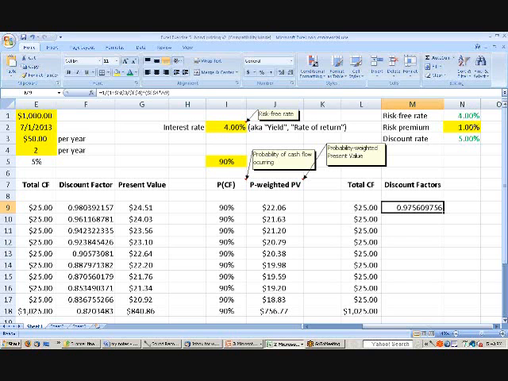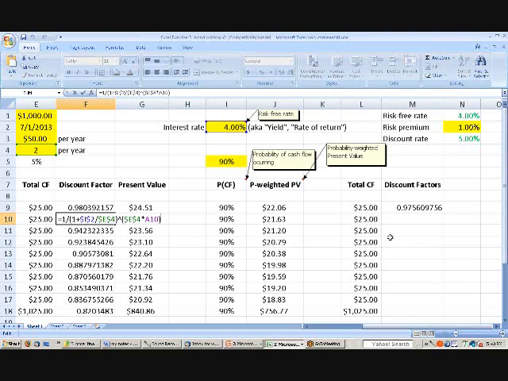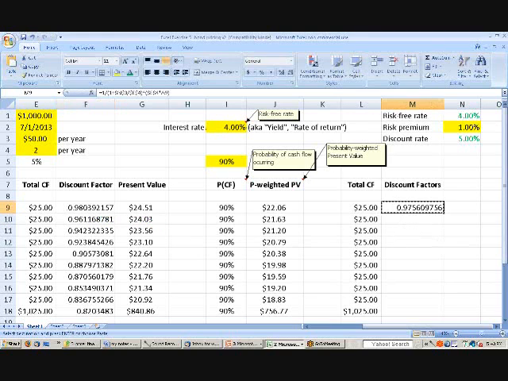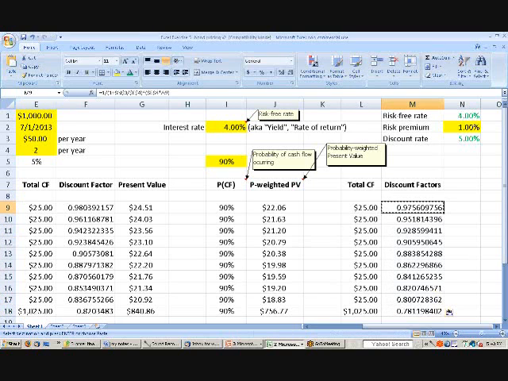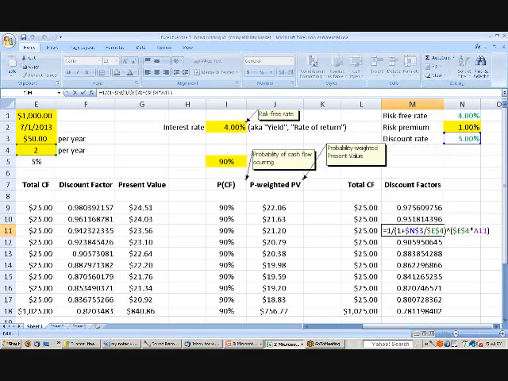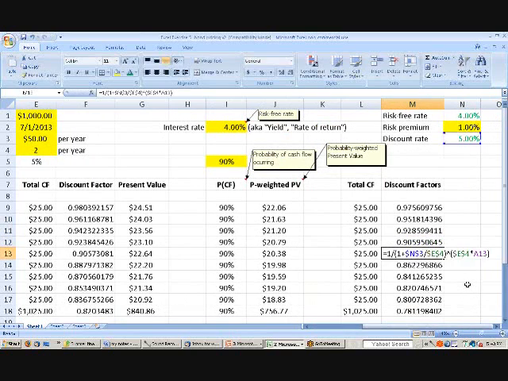Okay. And then from there we should just be able to copy this formula down. So all looks right.